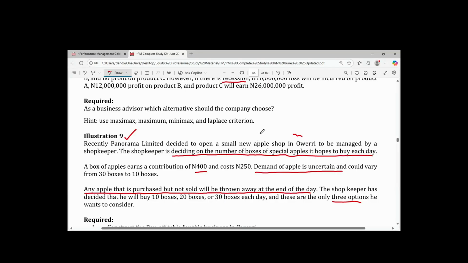So first thing first, to construct your payoff table, let's design the table and see. Then we'll begin to do our calculation to put it in each box. Let me stop sharing this. You can open the material at your end.